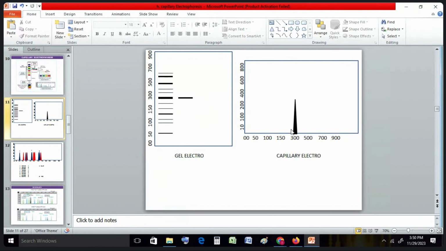So it should be a single peak or single band. Since the two products are the same size, when you run them on the gel it will show a single band or single peak. Yes, you can say it's a kind of overlap, because they are the same size, it will obviously produce the same single band or single peak.